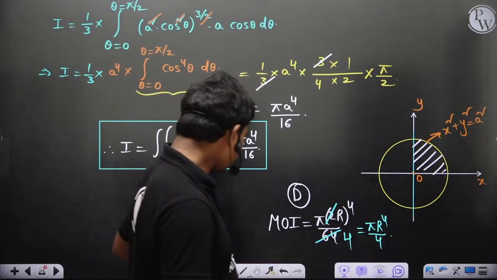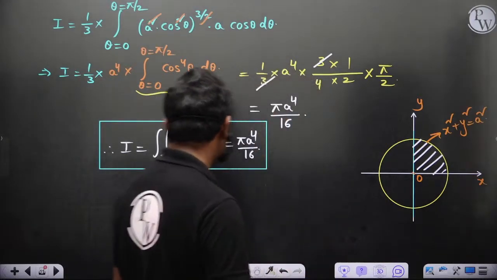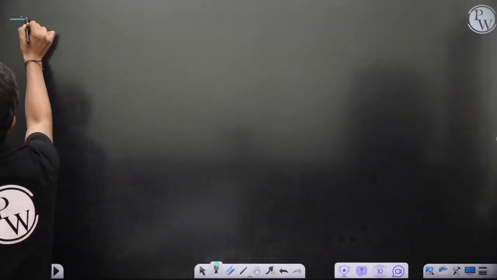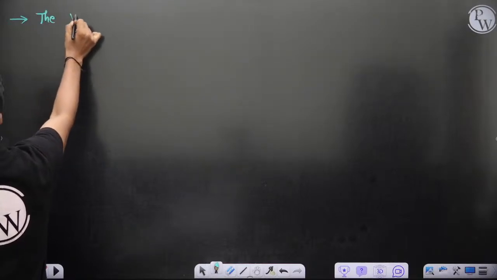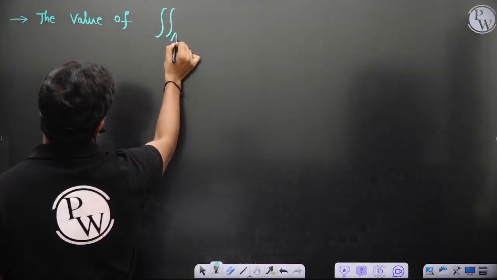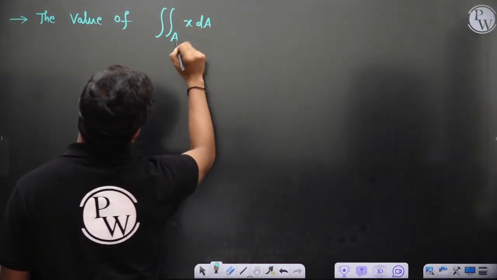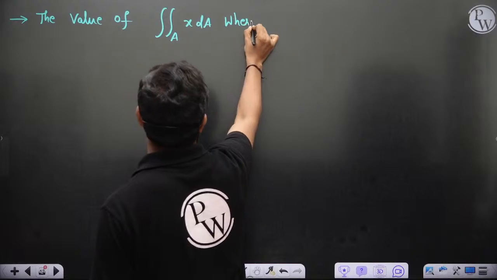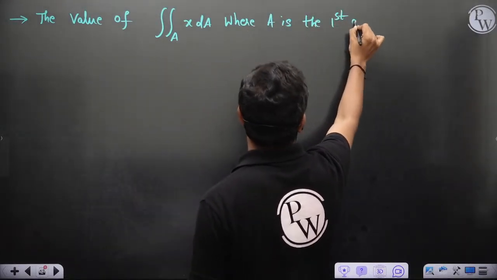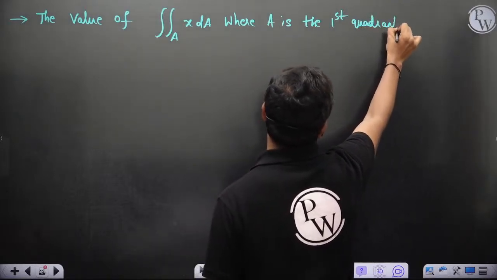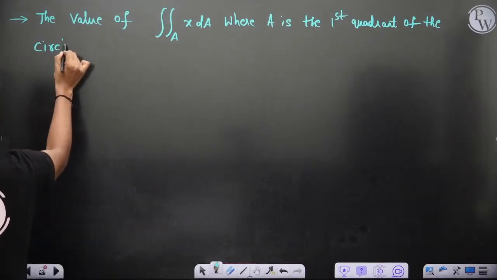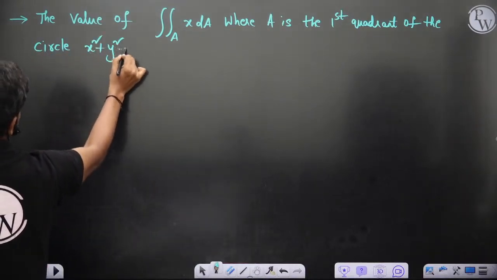Yeah, so let's try to solve one more integration which I'd like to show you. The value of the integral over A of x dA, where A is the first quadrant of the circle x square plus y square is equal to a square.